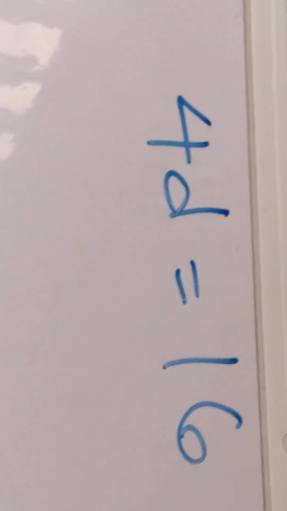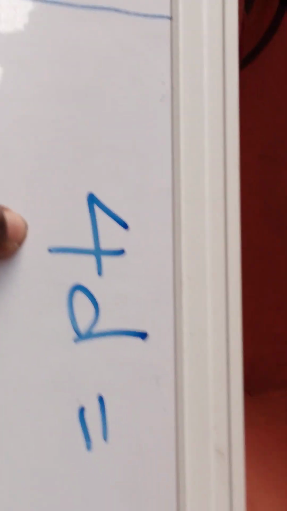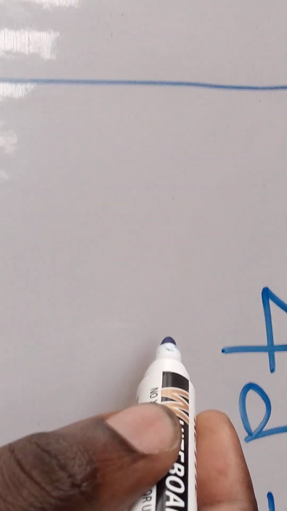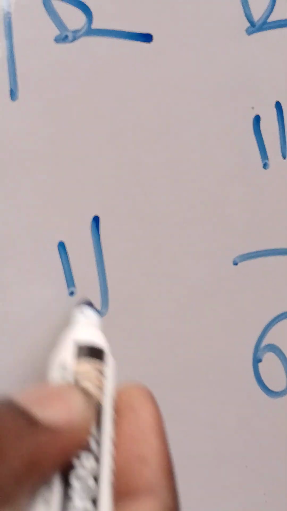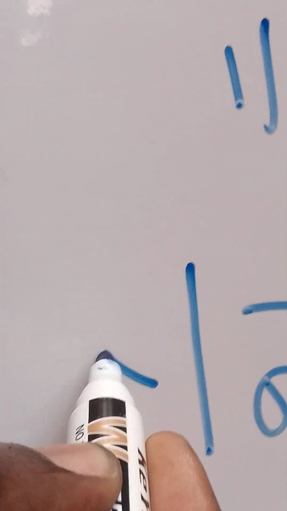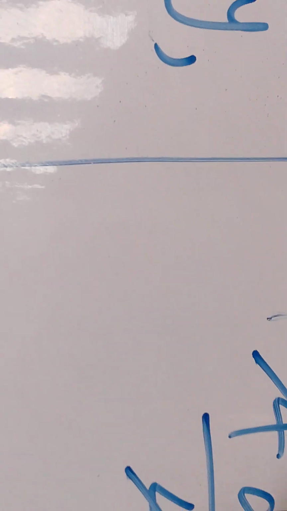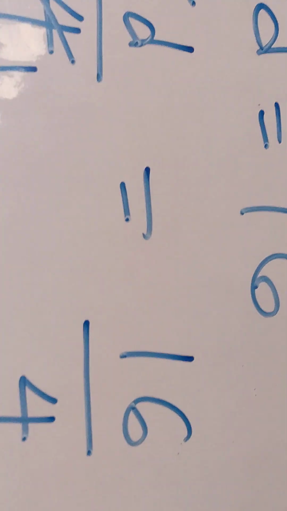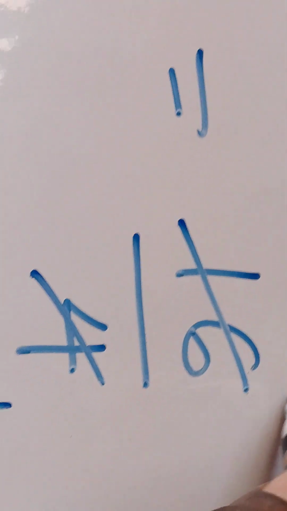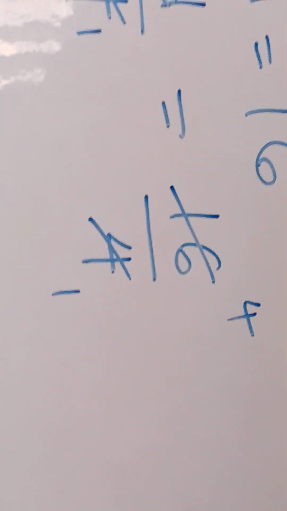Now you divide both sides by the coefficient of d, which is 4. So I have 4d divided by 4 is equal to 16 divided by 4. The 4 cancels out the 4, and 4 going into 16 is 4.